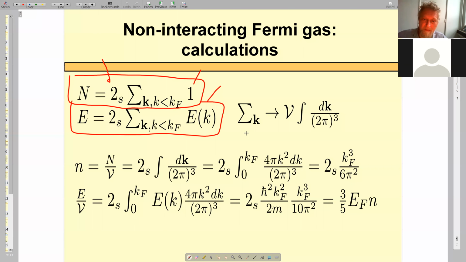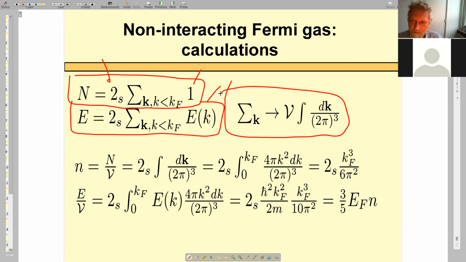Then we come to the formula which we use many times in the course: how to get from a summation over a quasi-discrete spectrum to a continuous spectrum. It all goes in the same way. Summation goes to integration, and there is a number of states in a unit cube of k per volume, so it's proportional to the volume of the system.